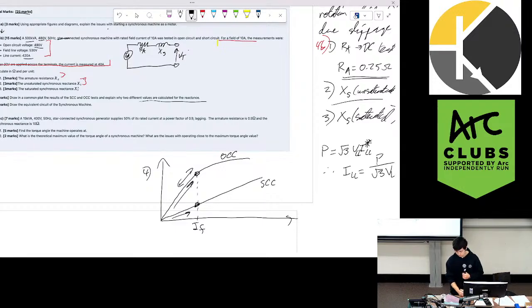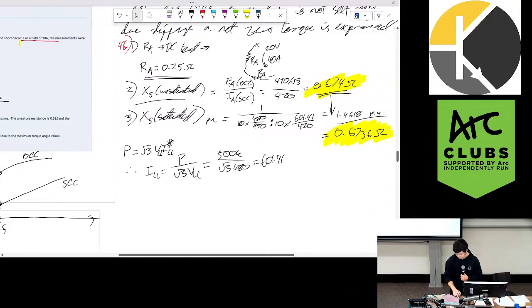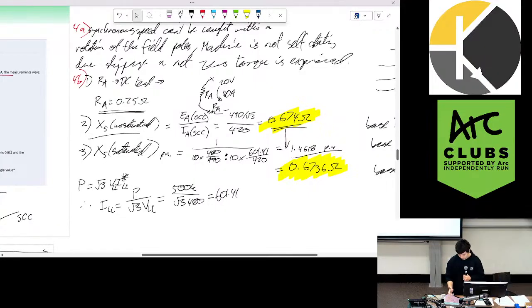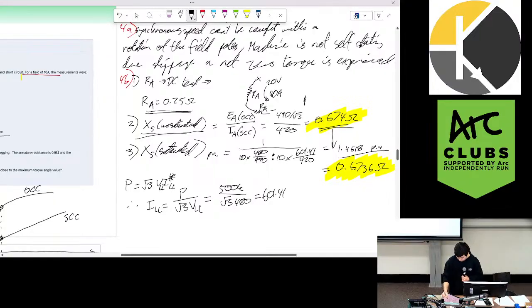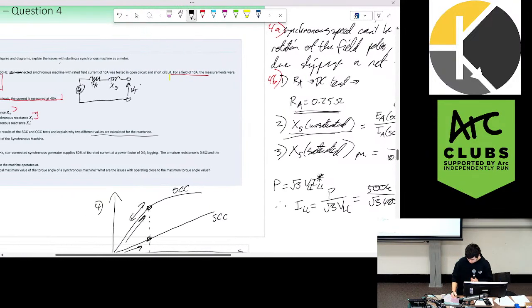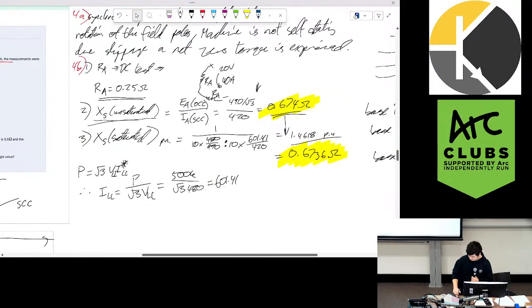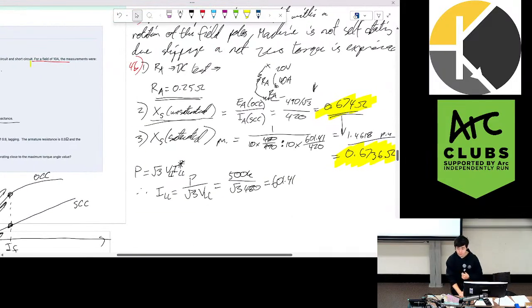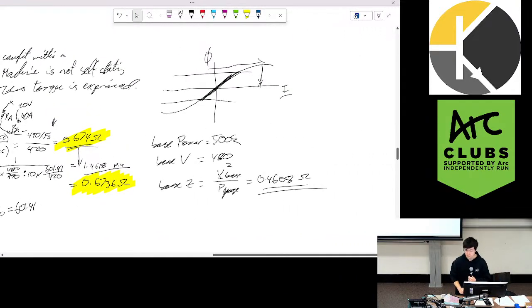As we mentioned previously, it's all about the potential saturation of the system. Unsaturated, we assume that our values are going along a linear region of the curves. However, to consider a saturated version, we need the short circuit ratio. So we're doing 2 completely different calculations, considering 2 different circumstances. For the rated current and rated voltage, we might be moving into the edge of our region of linearity.